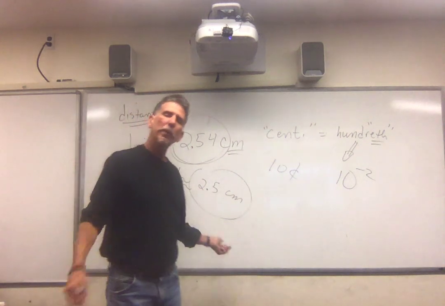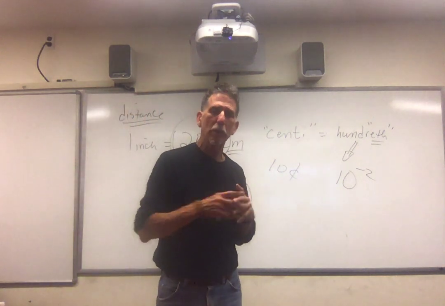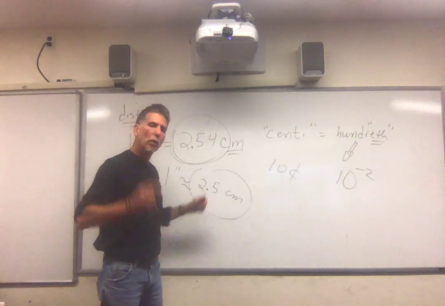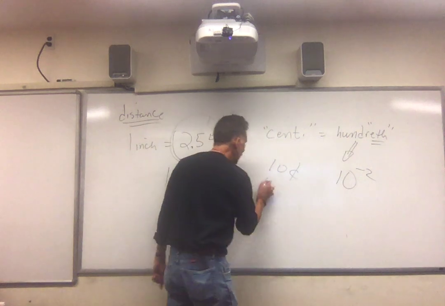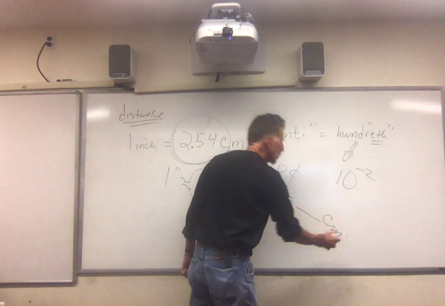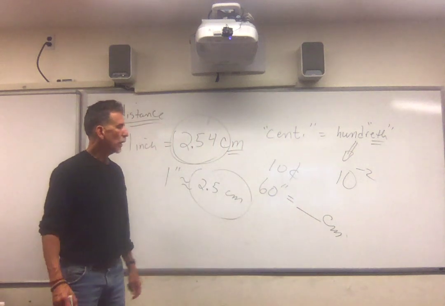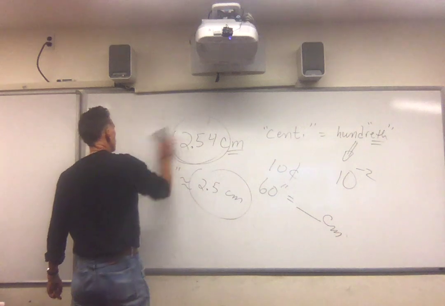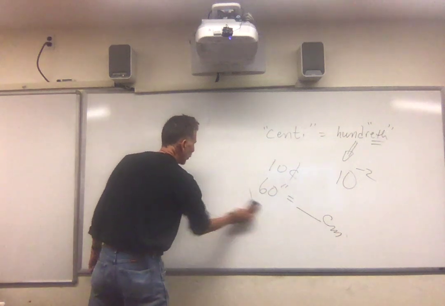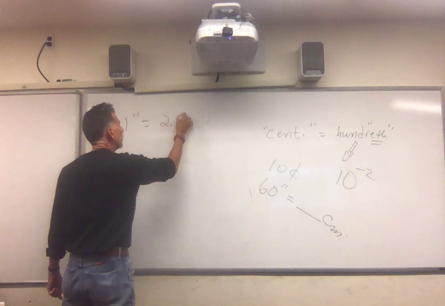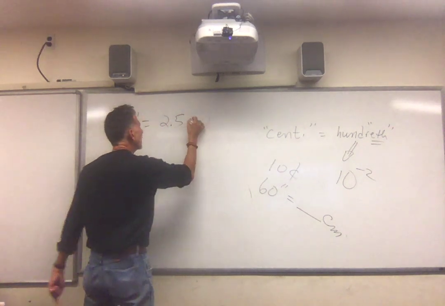Why am I doing this? So we can do things in our head, so we can connect neurons, so we can figure things out quickly. Okay? 2.5. So, quick problem. Suppose I say 60 inches is how many centimeters? Well, we know that 1 inch is approximately 2.5 centimeters.